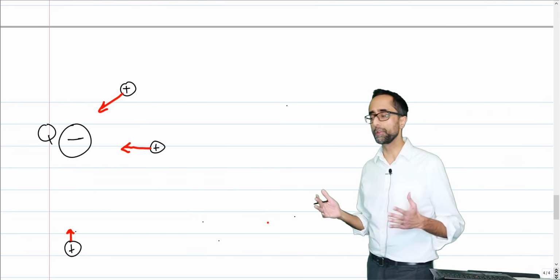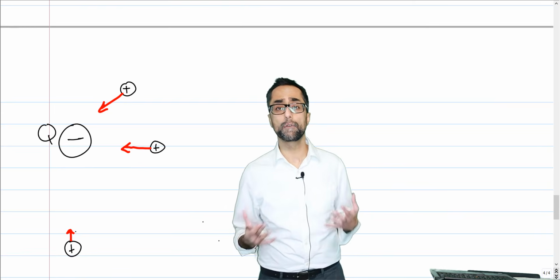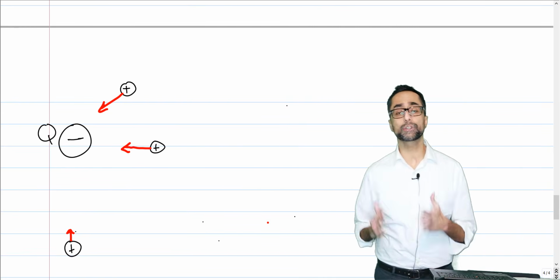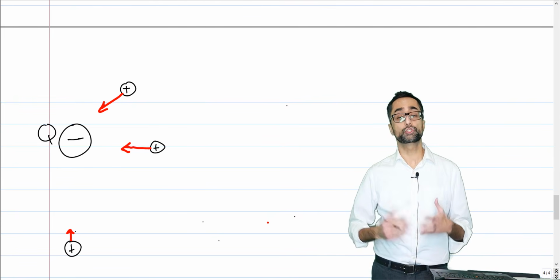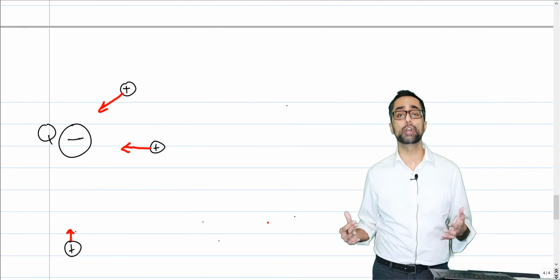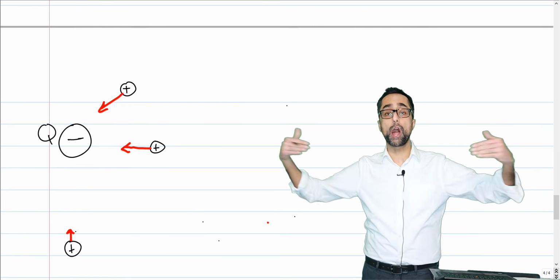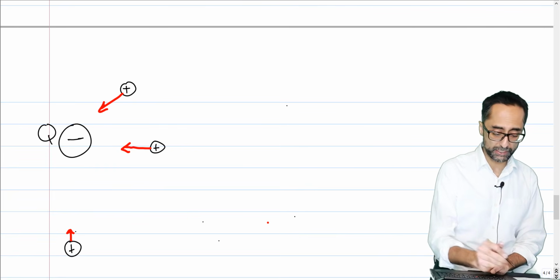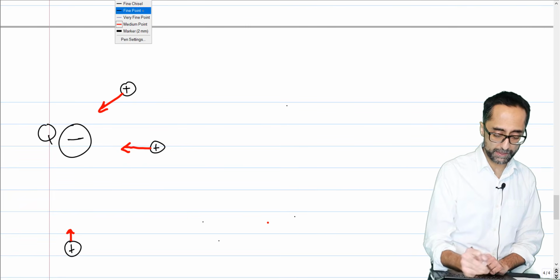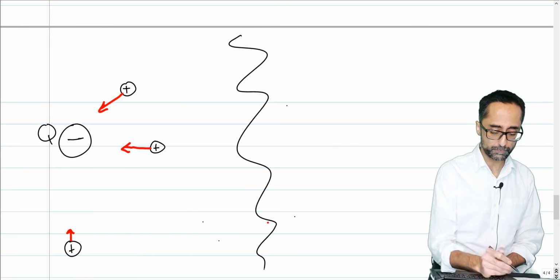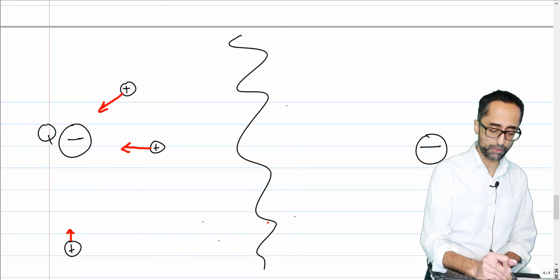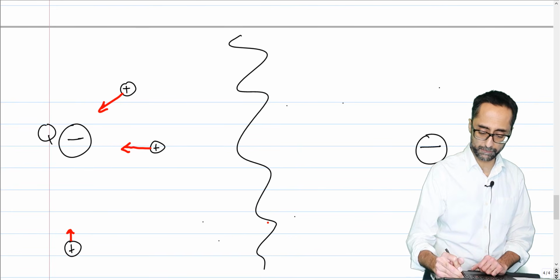And the length of the line also indicates the strength of the force itself. What that indicates to me is that the electric field lines surrounding a negative charge actually go towards it, going inwards as opposed to outwards. We can draw that as well. We can take our negative Q here and draw the electric field lines around it in the following way.